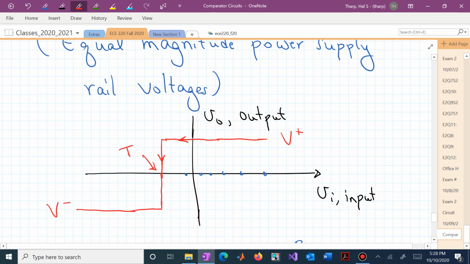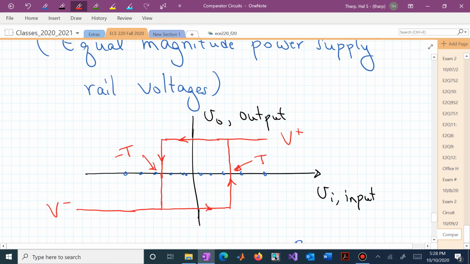But if we were actually at V minus and the input is now starting to increase, then in fact we're going to stay at V minus until we reach that threshold on the other side, so this is now minus T and this is T.